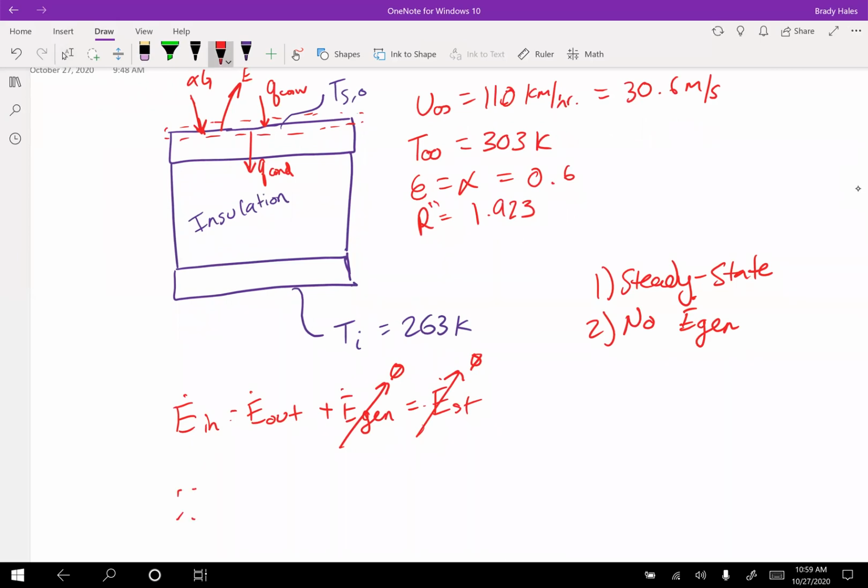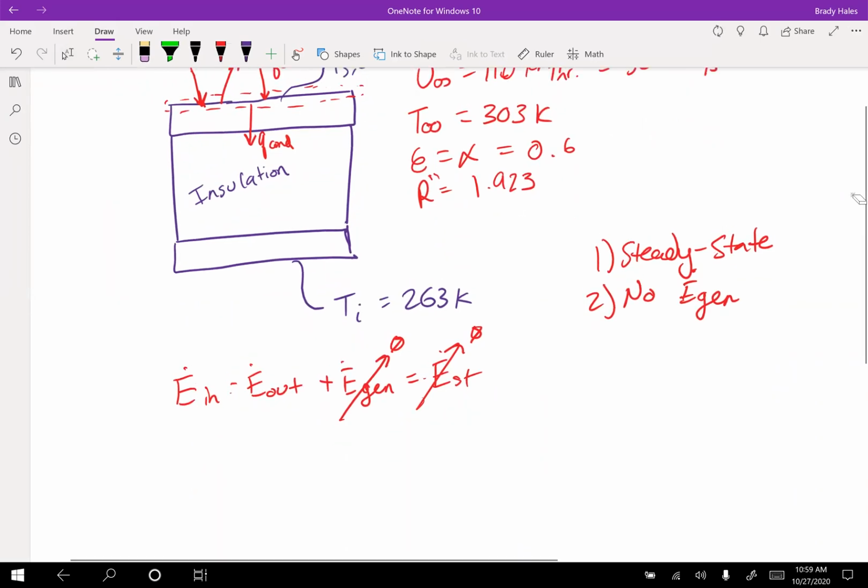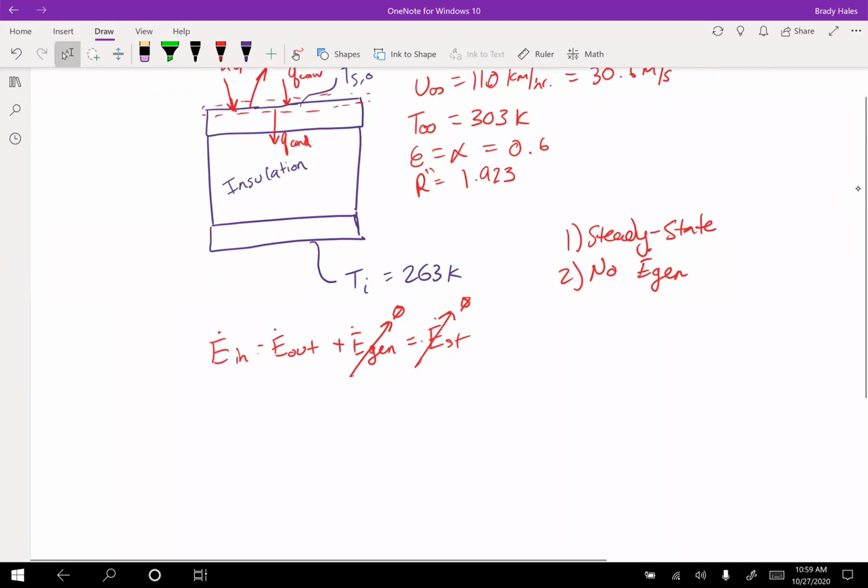We can say alpha G minus E. Well, let me do this. So we're going to say this E is equal to epsilon sigma TSO to the fourth. Okay, so alpha G, then we're going to have minus epsilon sigma TSO to the fourth.